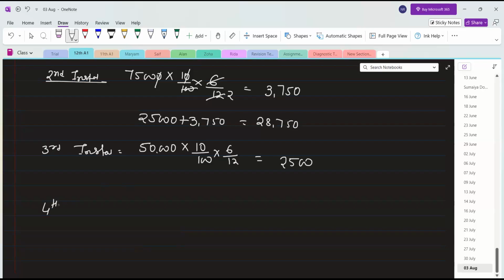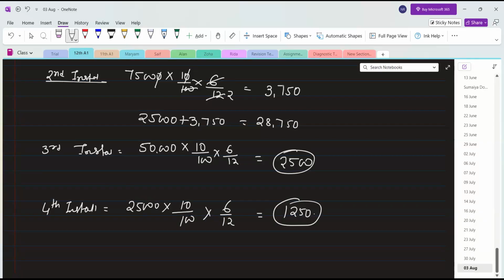And in the fourth installment, again 25,000 into 10 by 100 into 6 by 12, so 1,250. This interest of 2,500 and 1,250 will be added to 25,000 in every installment.